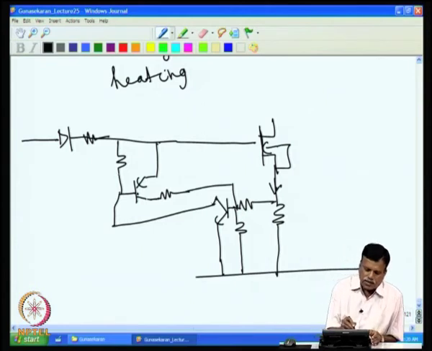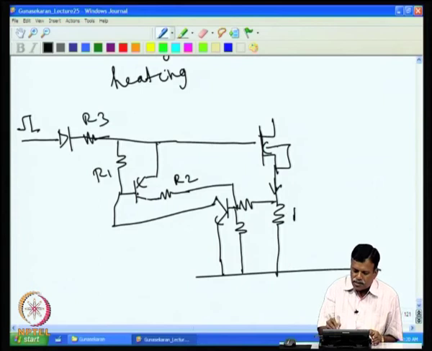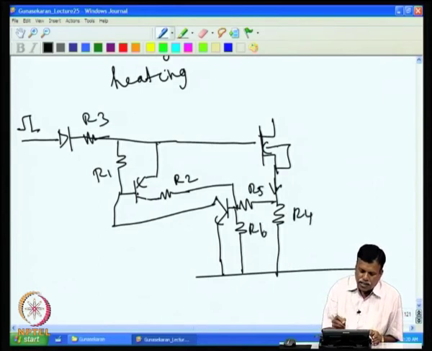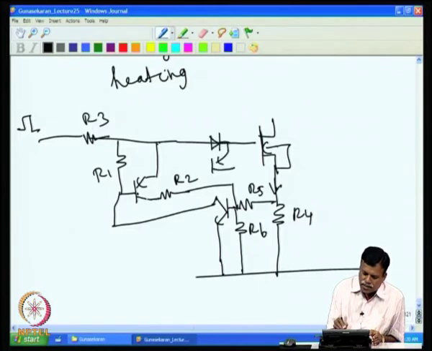So, essentially I will name it now R1, you have R2 and this is R3, this is the incoming pulse that is coming here, and this is R4, R5, R6. Then we will have this input pulse, and then we will have a regular switching off mechanism that is there here.